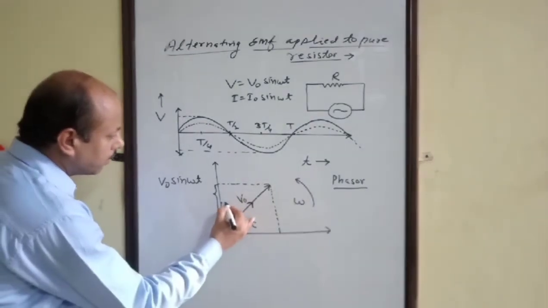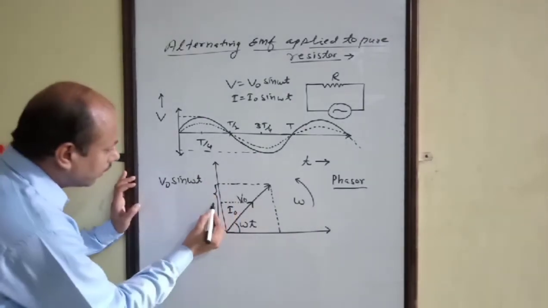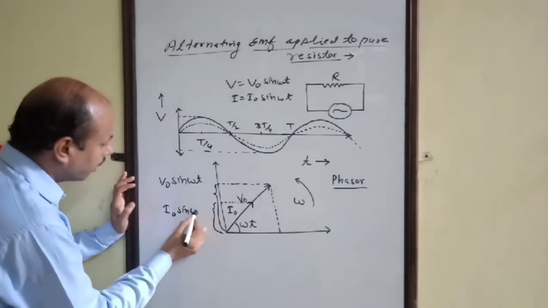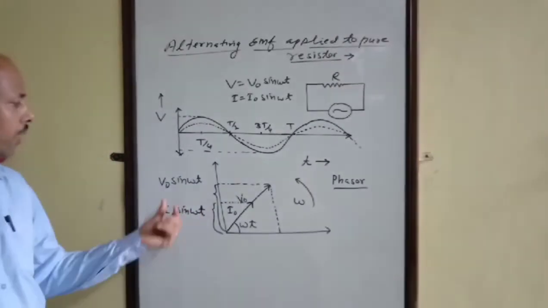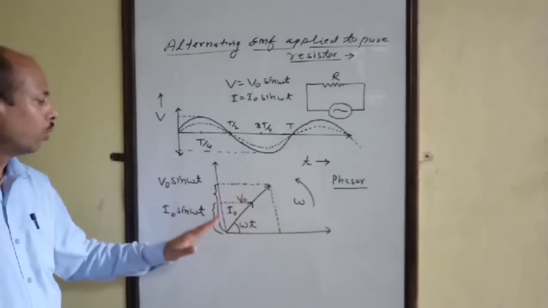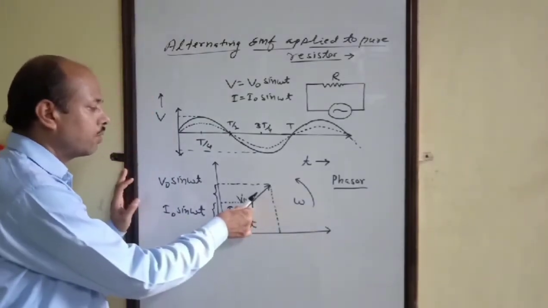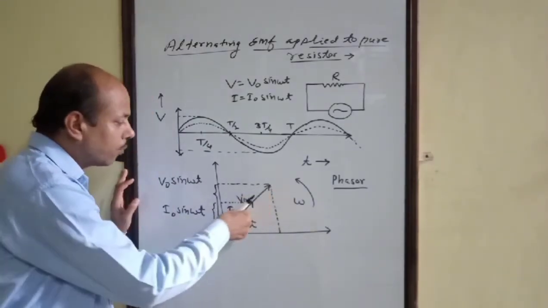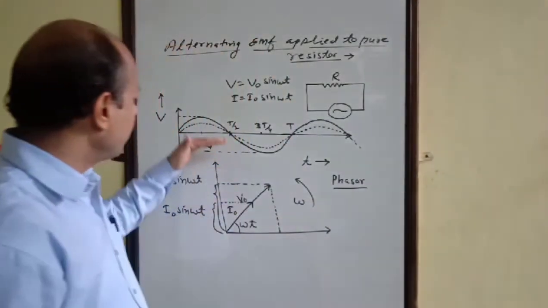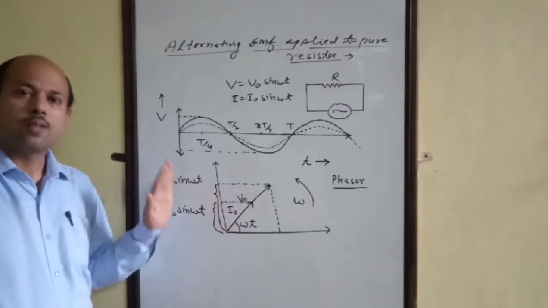If we mark the component on the y-axis, this component will be I naught sin omega t. Hence, we can represent current and voltage both with the help of phasors. From this diagram, it is very clear that current and voltage are in the same phase. Therefore, the phase difference between voltage and current in the case of a pure resistor is 0.